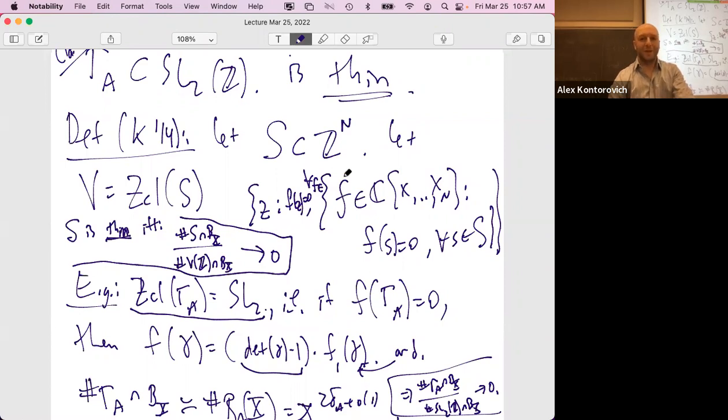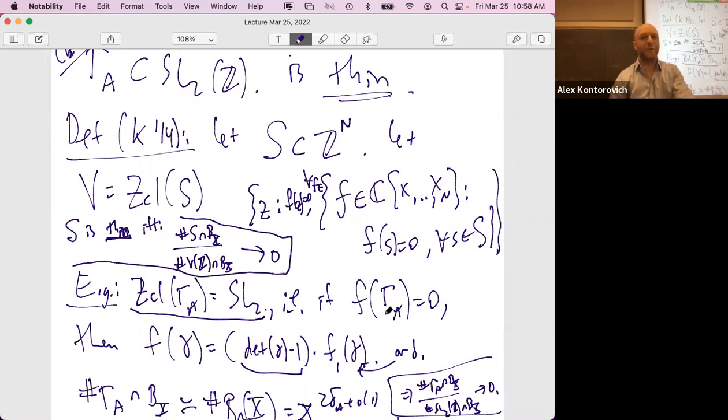Okay, so let's look again. We want to look at all polynomials in 4 variables, A, B, C, D, that vanish on all of gamma. So first of all, do you agree that if the polynomial is AD minus BC minus 1 times A to the 17 plus B to the 17 minus C to the 17? I'm just putting an arbitrary polynomial here.